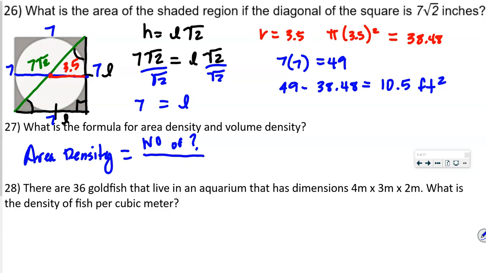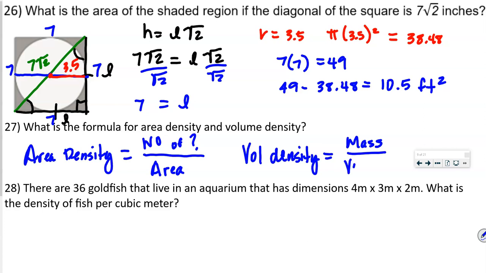And then you're going to divide that by the actual area because it's area density, okay? Now when it's volume density, this time, you guys know this from chemistry, it's mass divided by volume, okay? So you've got to really read the problem with these. Is it area density we're looking for, or is it volume density? Either way, you're going to divide by the area or the volume, so it's this word area and volume that's really key.